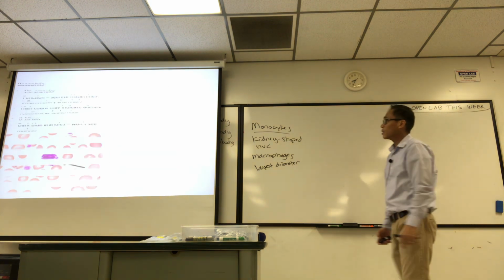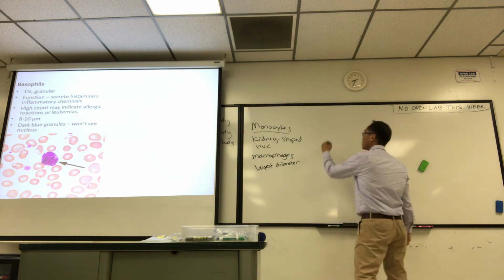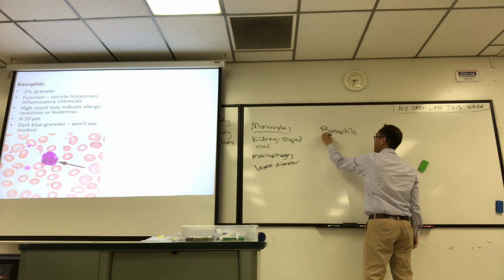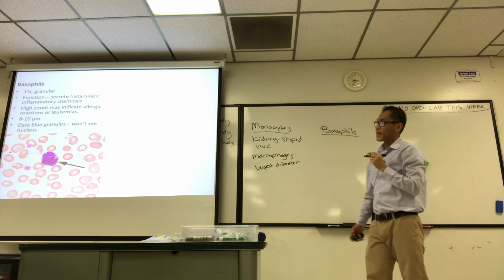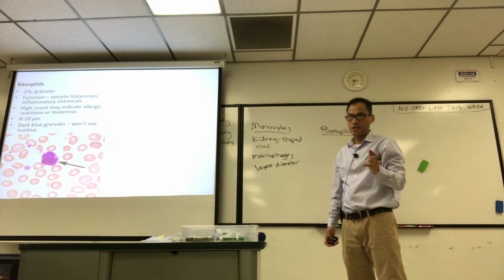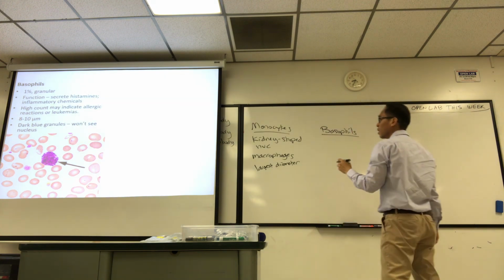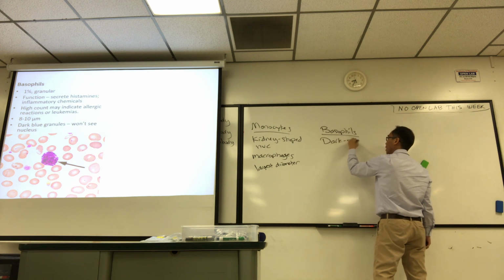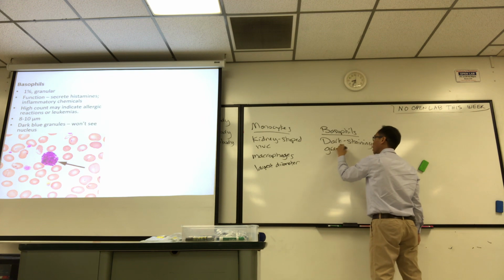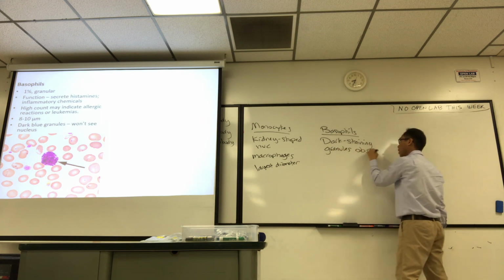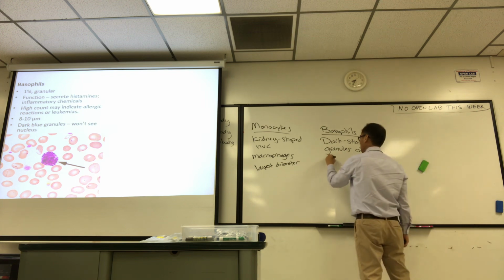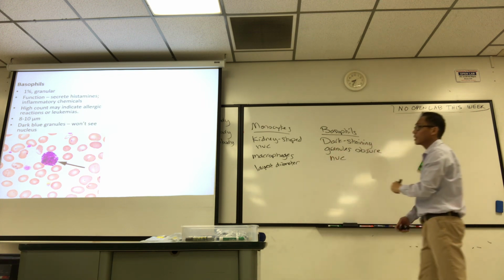All right, so for the basophils, they stain this super dark purple. Their granules stain so dark you can't even see the nuke. So I'll just say the dark staining granules obscure the nucleus. Can't see it.